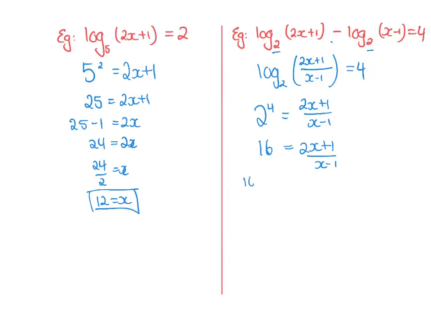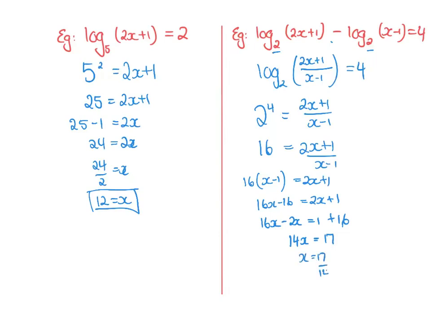So 16 times x minus 1 equals 2x plus 1, 16x minus 16 equals 2x plus 1, bring the x's on one side, the numbers on the other, so we get 14x equals 17, and x equals 17 over 14. There you go, and you've solved it.